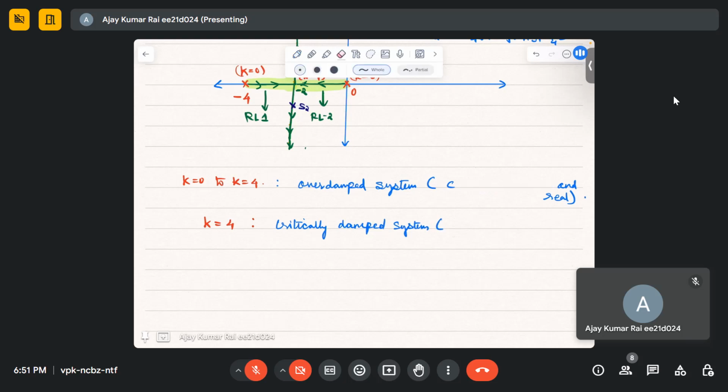Here I will write S1 and S2 will have only a real part, that is a negative real part. So in this case, critically damped means S1 will be equal to S2, with a negative real part still.